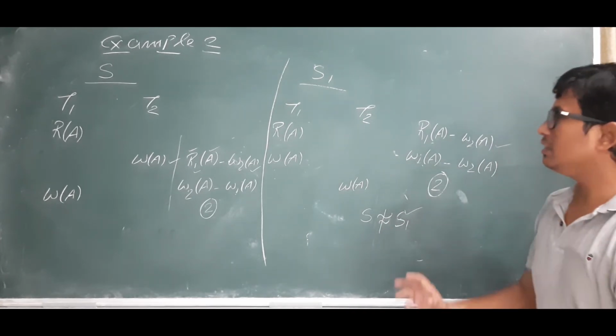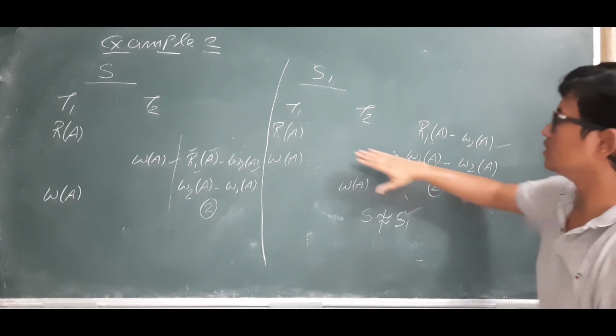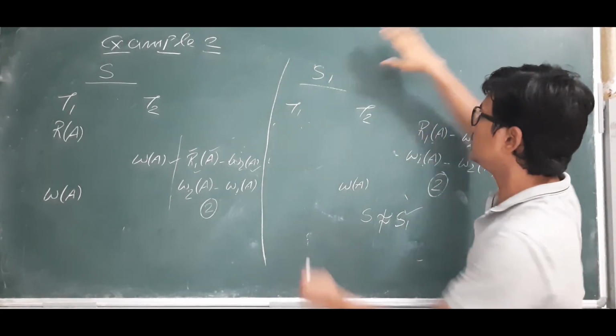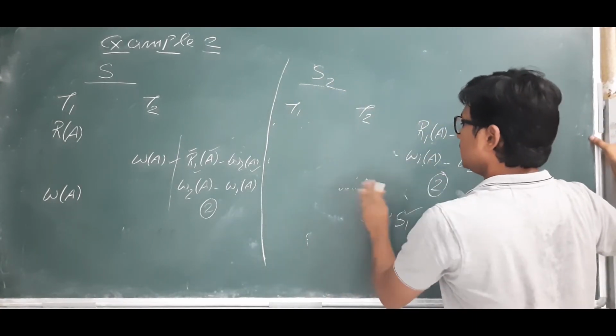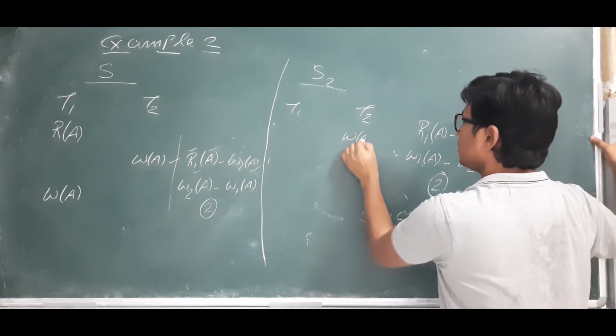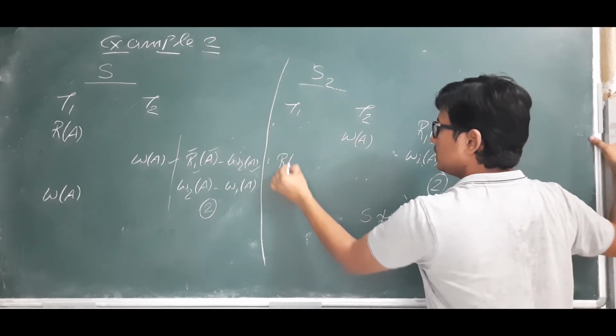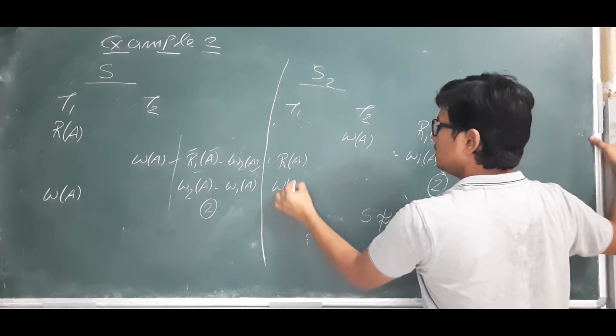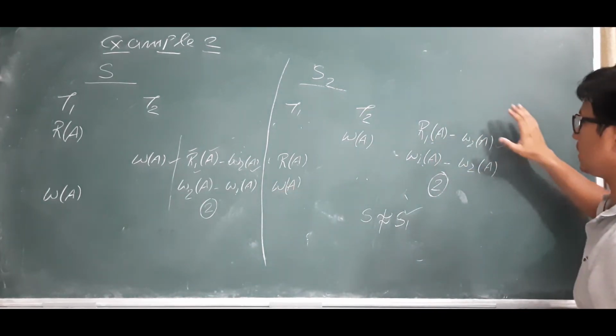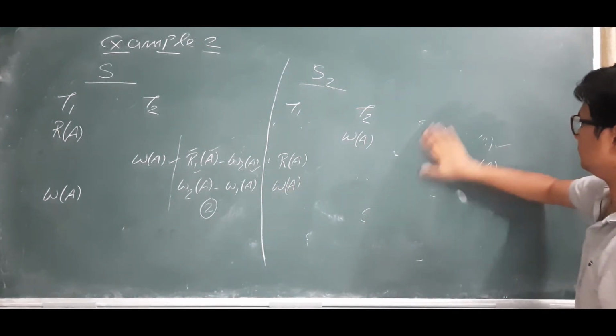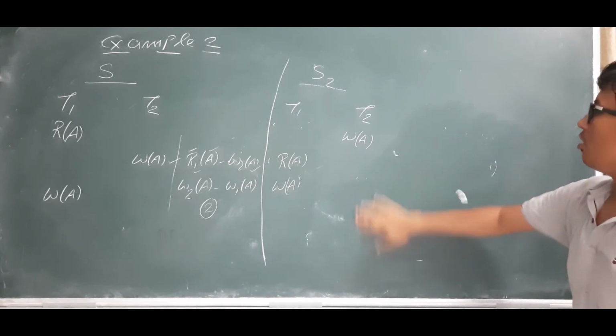Okay, now we'll see the second serial schedule. What is the second serial schedule? You perform all the operations of transaction 2, then you perform the operations of transaction 1. We will check that one. What are the possible conflict operations?